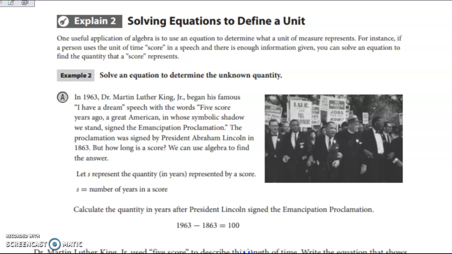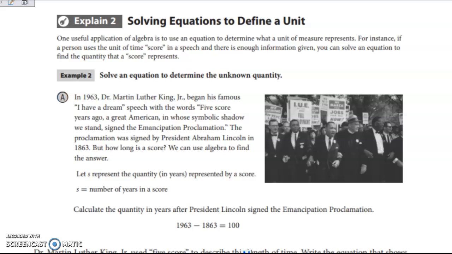So since we're talking about finding what a score is, we're going to use S as our variable to represent the number of years that we can find in a score. Then we're going to look and see, well, what kind of years are we talking about? We know that Dr. Martin Luther King Jr. began his speech in 1963.